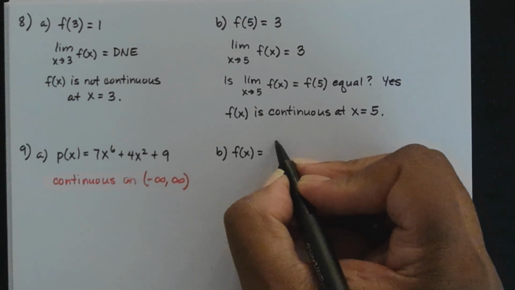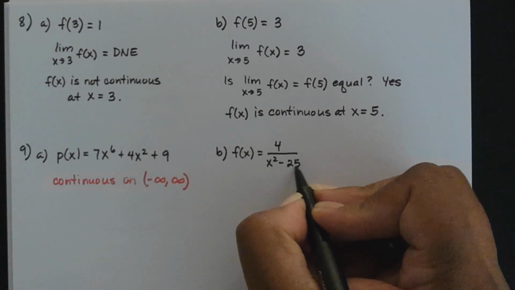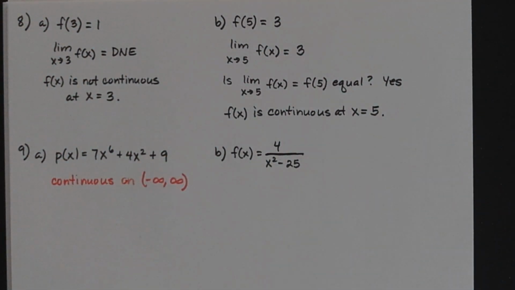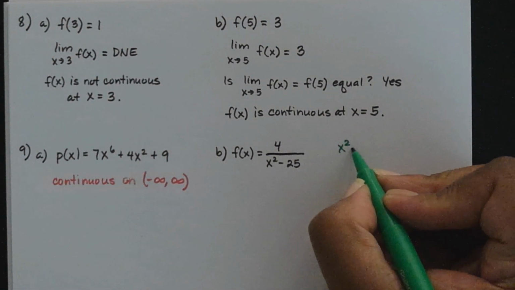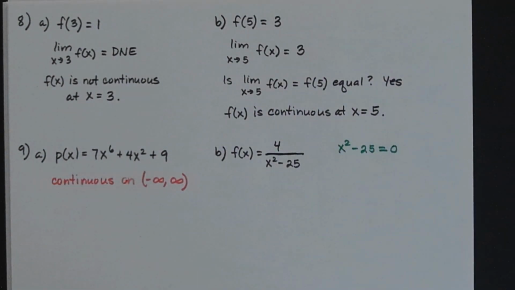Part B, f of x is equal to 4 divided by x squared minus 25. Find out what values of x will make the denominator 0. So what I need to do here is just take that denominator of x squared minus 25, set that equal to 0. Okay?